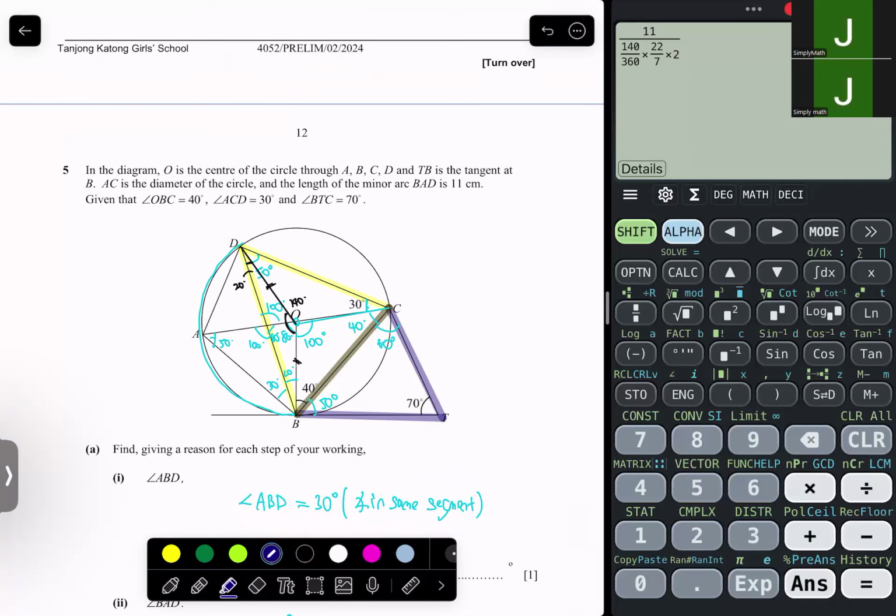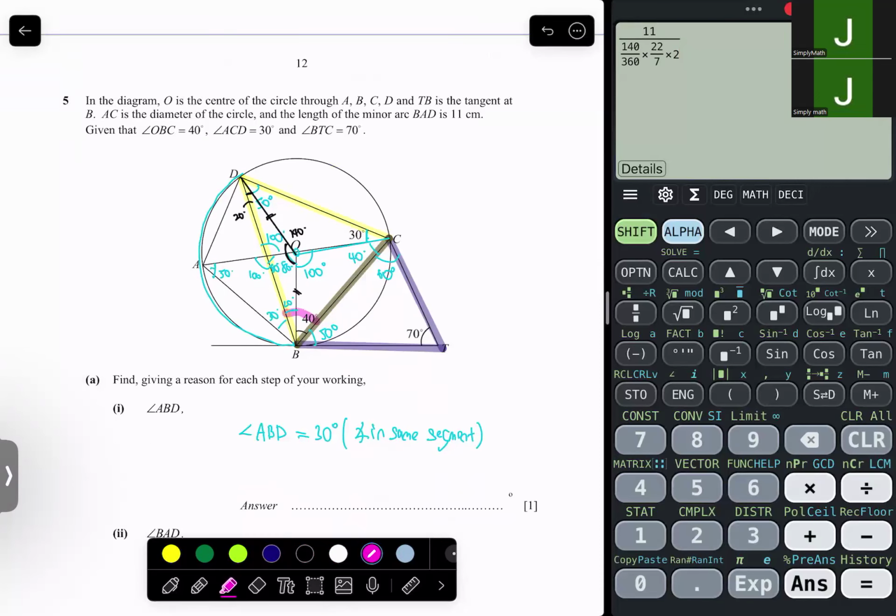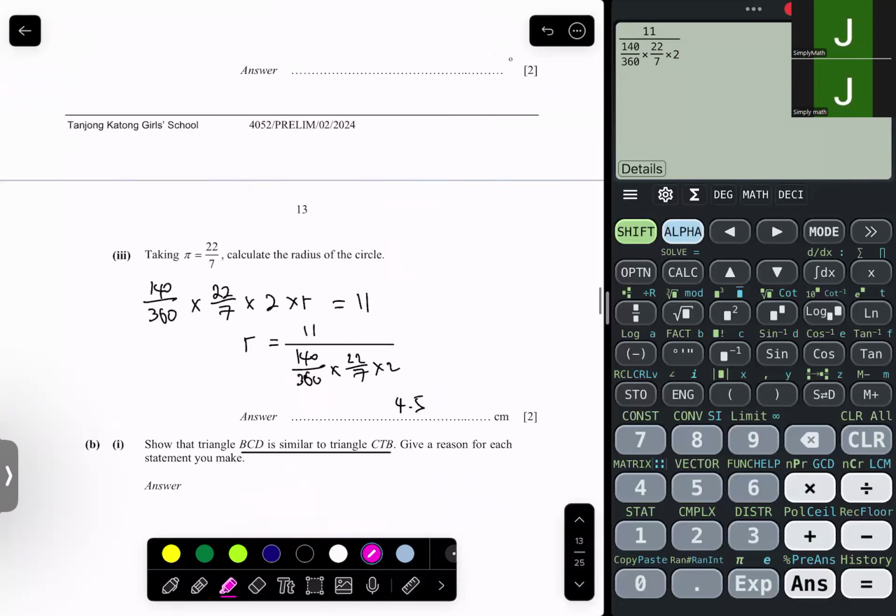Actually, you can see from the angles, right? This one is 60 degree, this is 60 degree. This is 50 degree, this is 50 degree. This is 70 degree, this is 70 degree. Just write your proof. You should be fine.